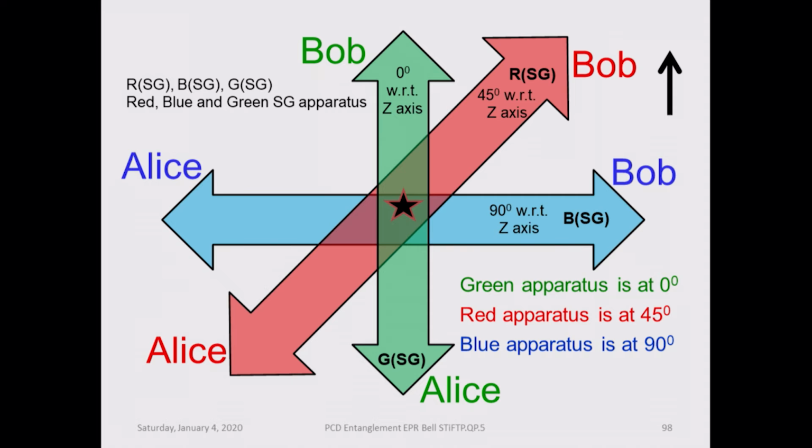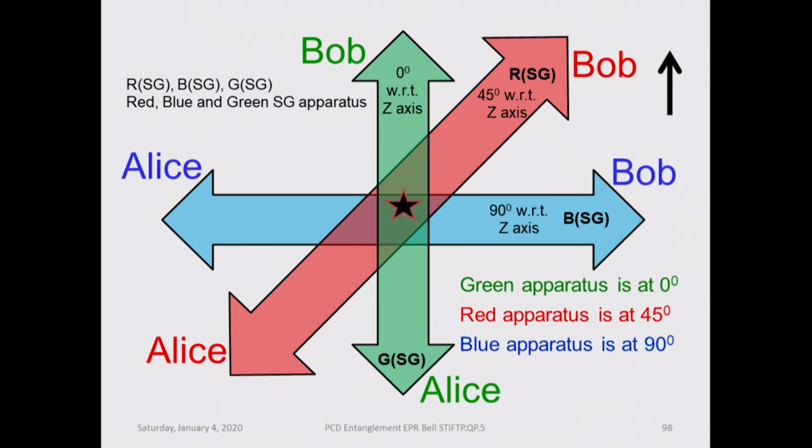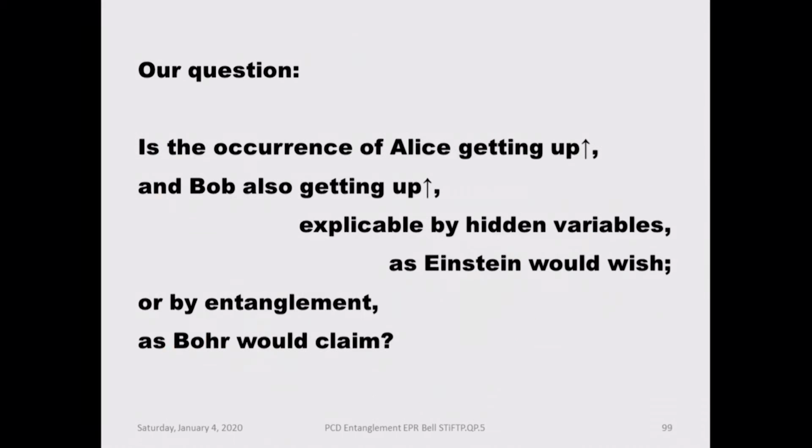So, the half angle that we are going to be concerned with will be 22.5 degrees. Okay. That is the red apparatus. And the third apparatus, which is the blue apparatus or the blue orientation if you like, is set up at 90 degrees with respect to the previous one. So, the half this angle will turn out to be 45 degrees. Okay. So, these are the 3 orientations that we are going to work with.